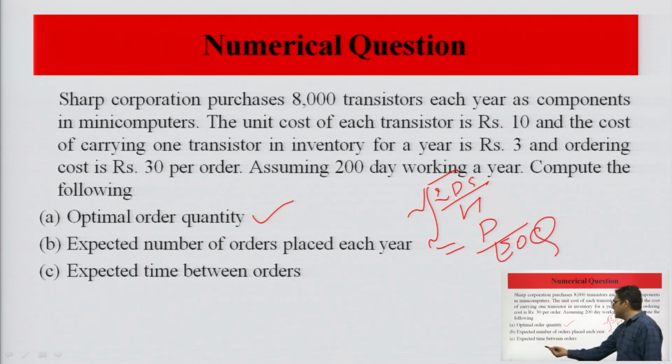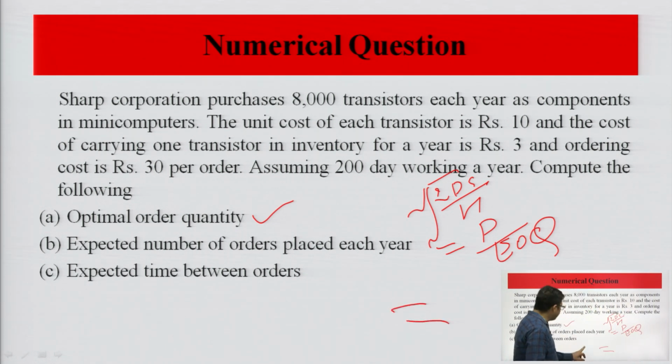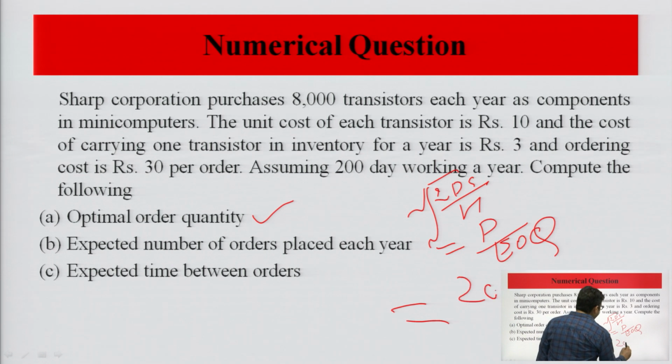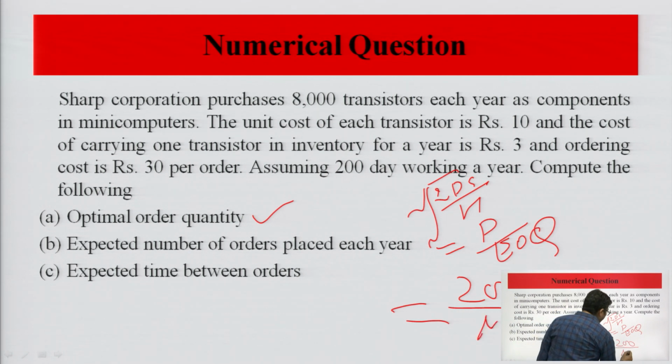Then the expected time between orders will be calculated, using the number of working days. The number of working days is 200, divided by the number of orders placed.